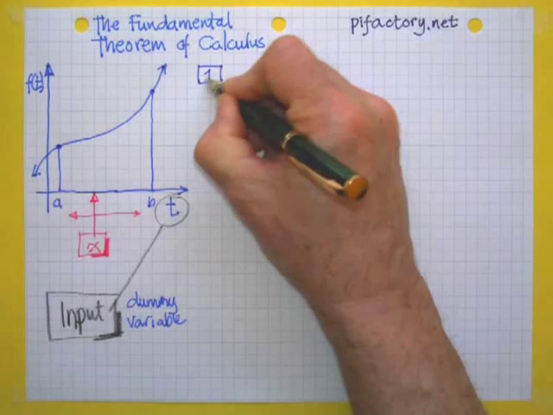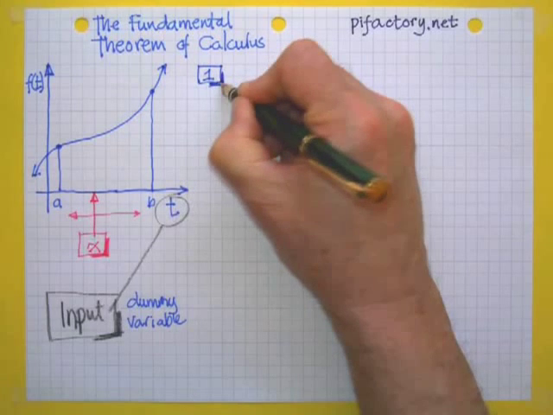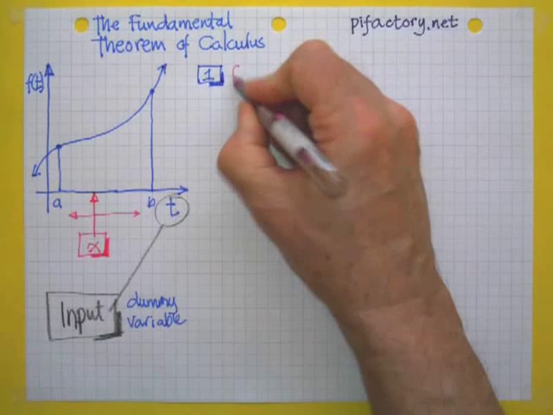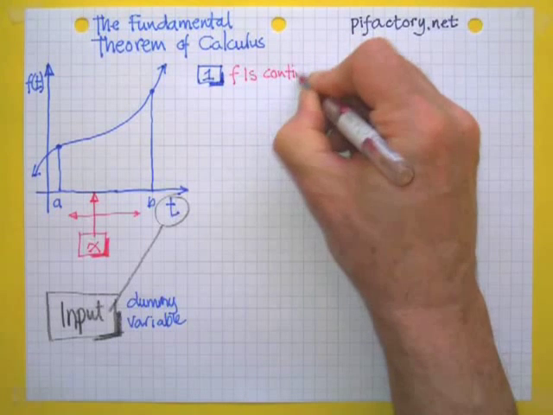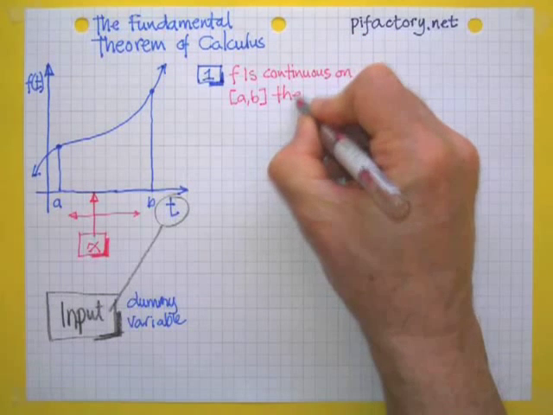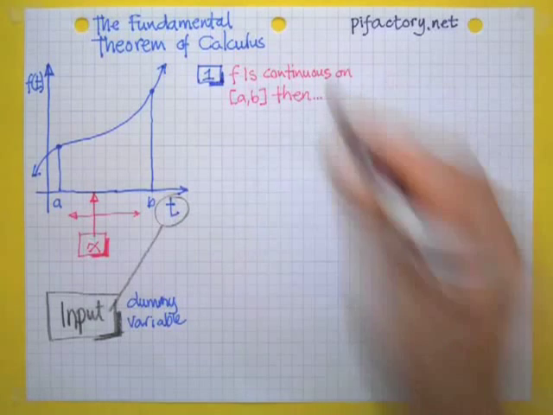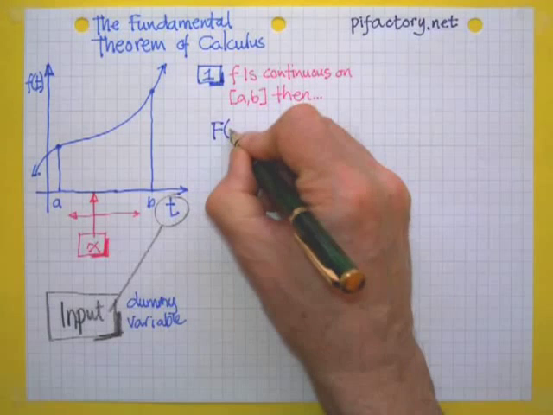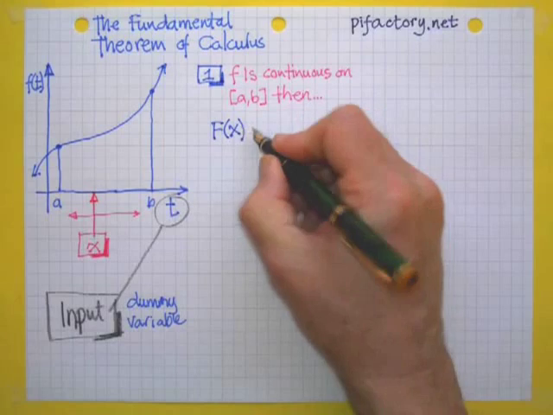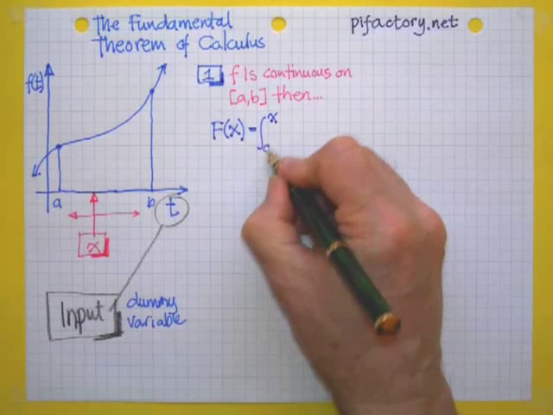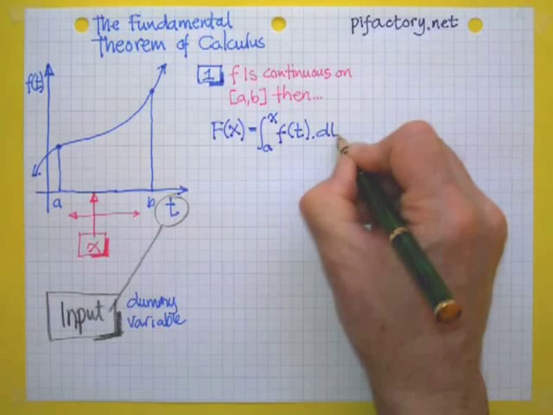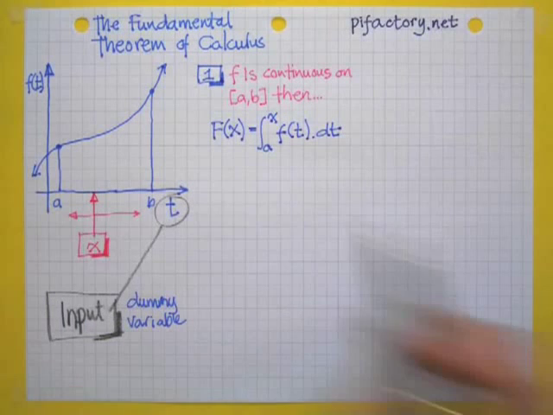First theorem of calculus. If f is continuous on the closed interval a, b, then we're going to have an antiderivative, which we're going to call large F of x, between a lower bound of a and an upper bound of x, f of t dt. Notice that x as the upper bound.